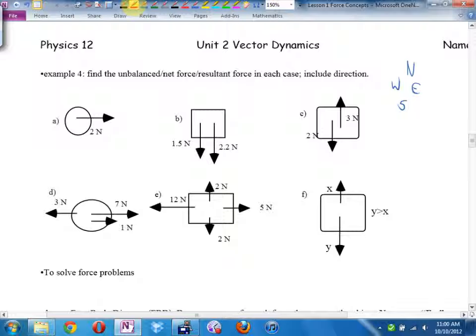Magnitude and direction. 2 newtons. Direction? 2 newtons east. What's the net force in B? Magnitude and direction. 3.7 newtons south, I agree.